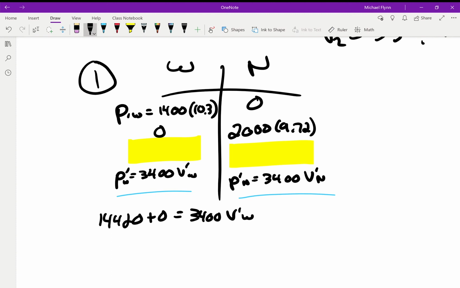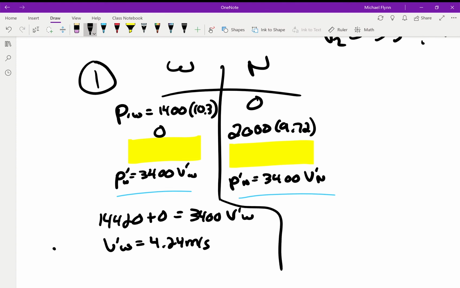I'm going to divide that by 3,400 and get 4.24 meters per second, so V prime west equals 4.24 meters per second.